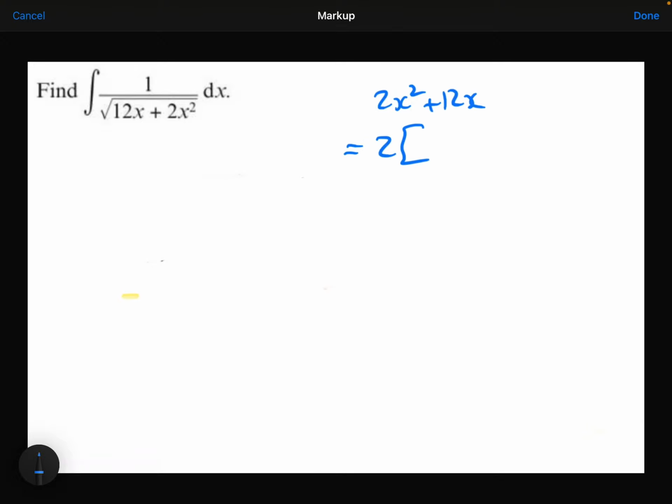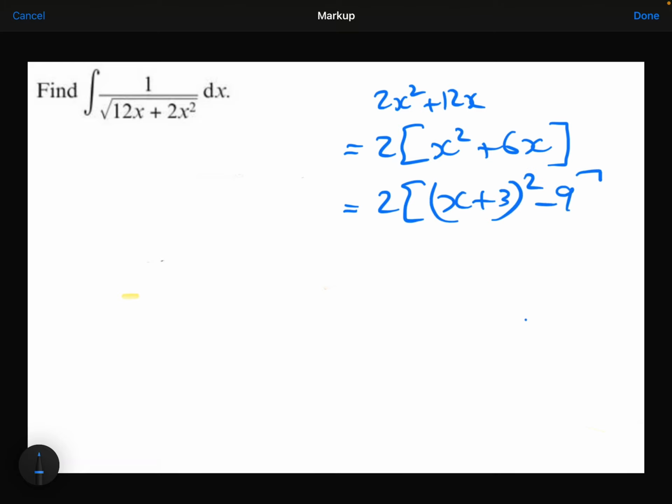So just bear with me. This should all be very familiar to you, so I'm not going to explain this too much. Hoping I'm not making any silly mistakes here. So I've got that. So I'm going to replace my denominator with this.